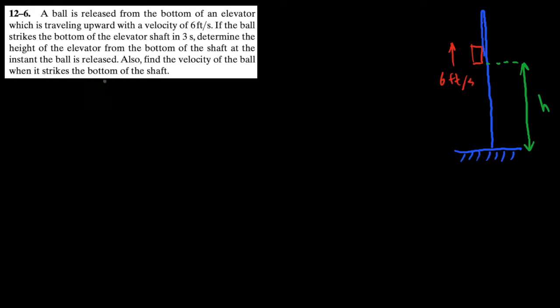The vertical velocity is initially 6 feet per second, and we denote this with a v naught, indicating initial velocity. We also know that the time it takes for the ball to hit the ground is 3 seconds. Furthermore, the delta y, the displacement, is negative h.